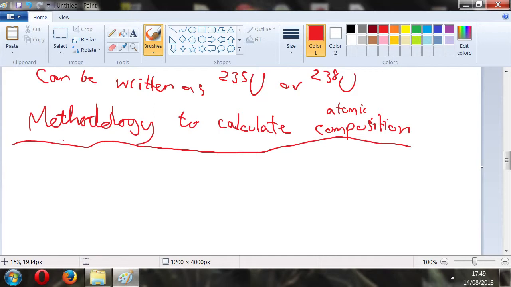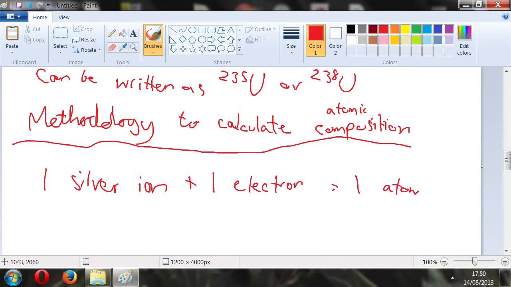So an ion, in general: if we have a silver ion, and then we add 1 electron, that equals 1 regular atom.